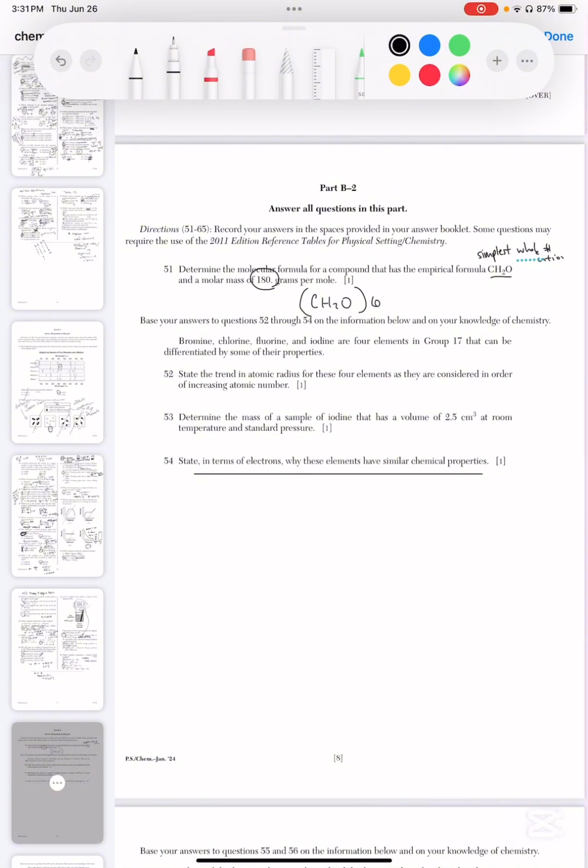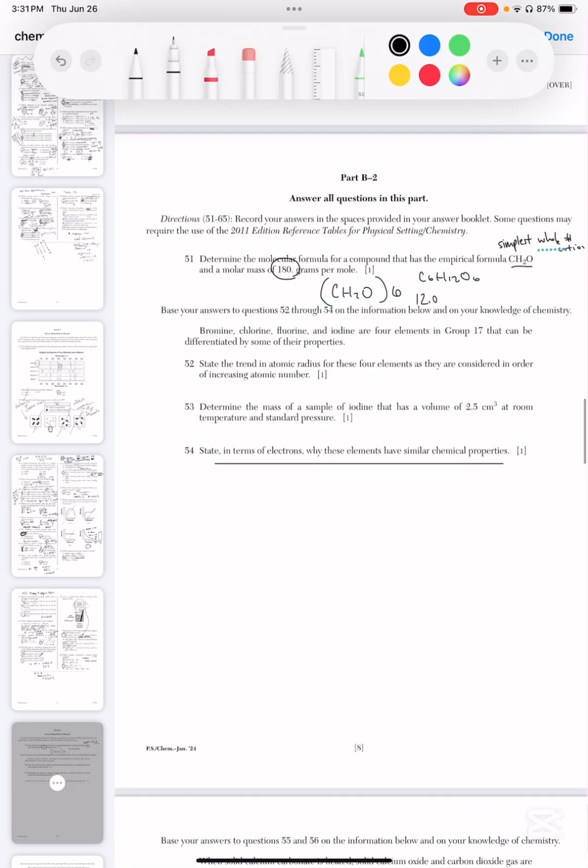By 6, you get C6H12O6, which is sugar. And then you calculate the molar mass by doing 12.01 times 6 plus about 12 times, approximately 1, plus 6 times basically 16, and you would get 180.